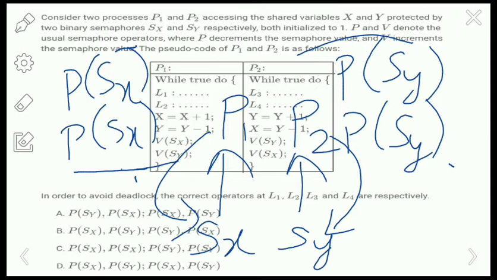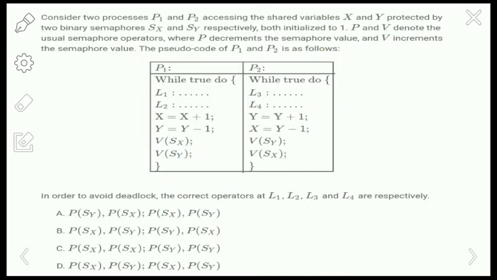So there is a circular wait in the given process itself. That's why there is a deadlock in option C also, and option C won't work. So option D will work here. Option D is given as P of Sx and P of Sy.